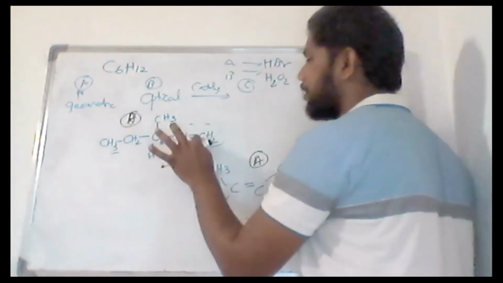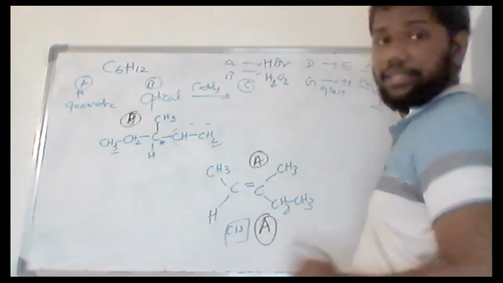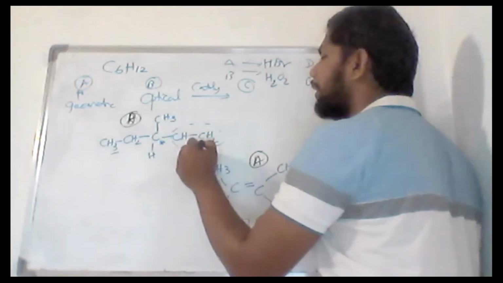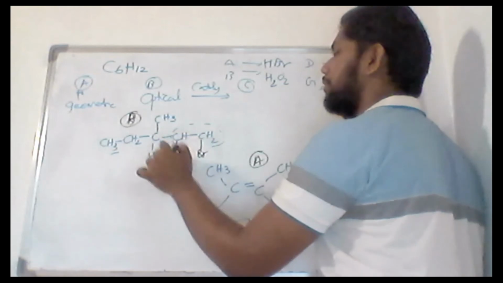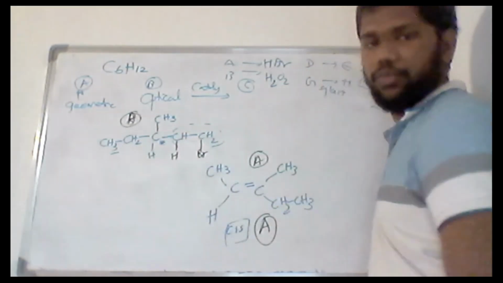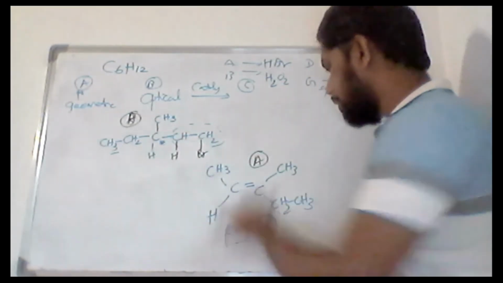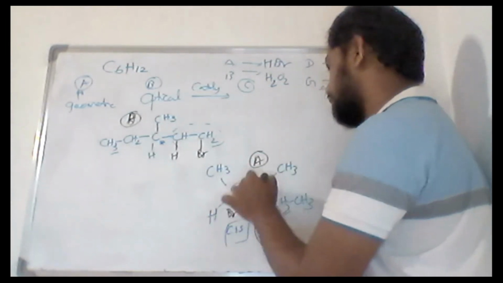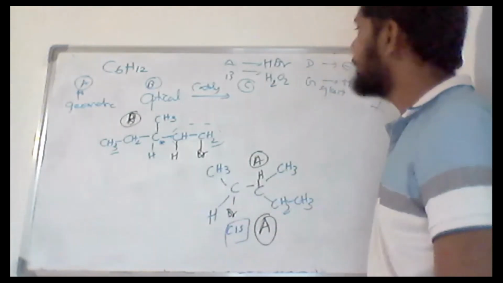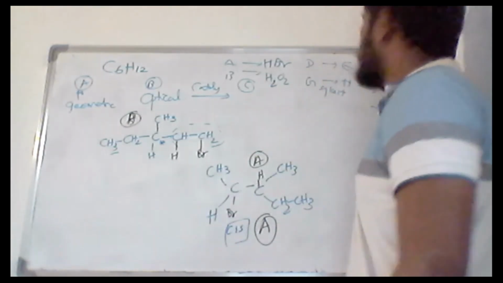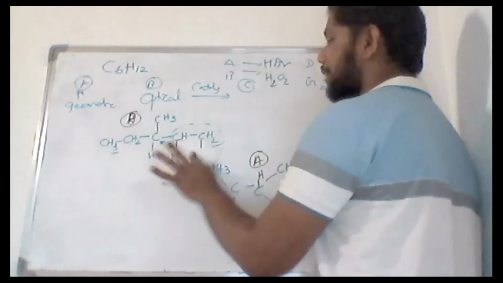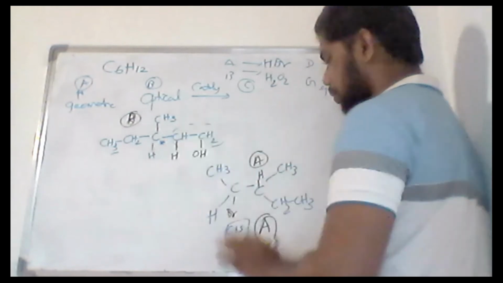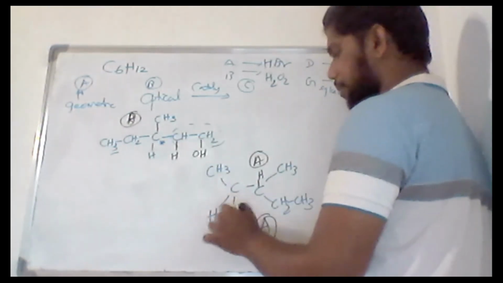So there will be no double bond here, that is acceptable. And here there will be the bromine, and here there will be the H. For this one it is again the same. There is hydrogen here, so there will be bromine here, and there will be hydrogen here. And then they are adding aqueous KOH. So when you add aqueous KOH, this will be converted to OH. No problem in that.